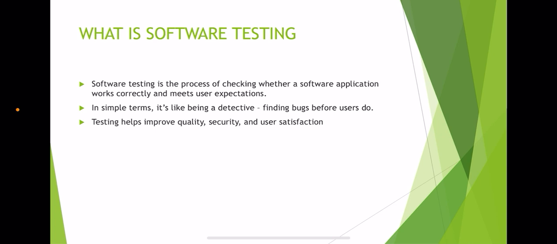Software testing helps to improve quality, security, and user satisfaction, which is most necessary in today's era because there are multiple applications in the market. To be at the top level, every organization needs a quality product. That's why software testing comes into the picture for greater user satisfaction.